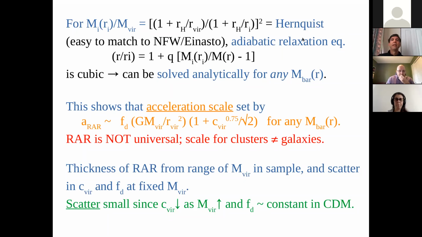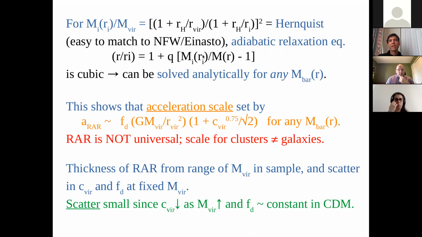All right. And so it turns out that if you write this adiabatic relaxation equation, and you put here this expression for a Hernquist profile, then because you have an Ri here, and you have an Ri squared here, you end up with a cubic equation.